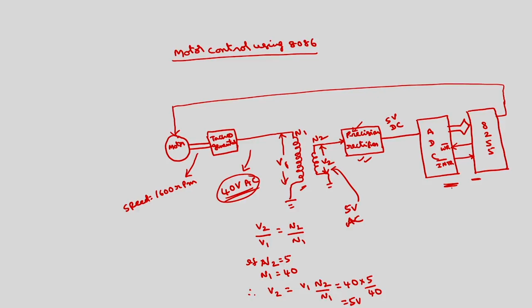Similarly, I will discuss one more example before going for the other interfacing devices, the electronic weighing bridge. These are all actually minor project type of things.